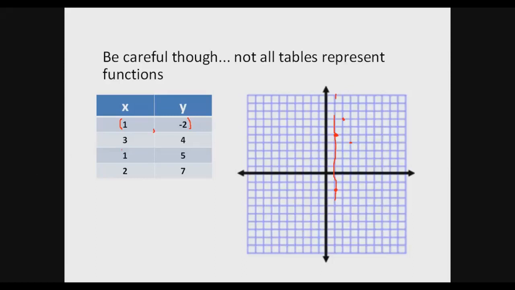So we've inputted the x value 1, and I'm not sure which value is going to come out, minus 2 or 5. So this is one way that we can tell from a table. We could graph it and do the vertical line test, or if we've got the same x value and we're getting 2 different y values, this also is going to tell us that this is not a function.